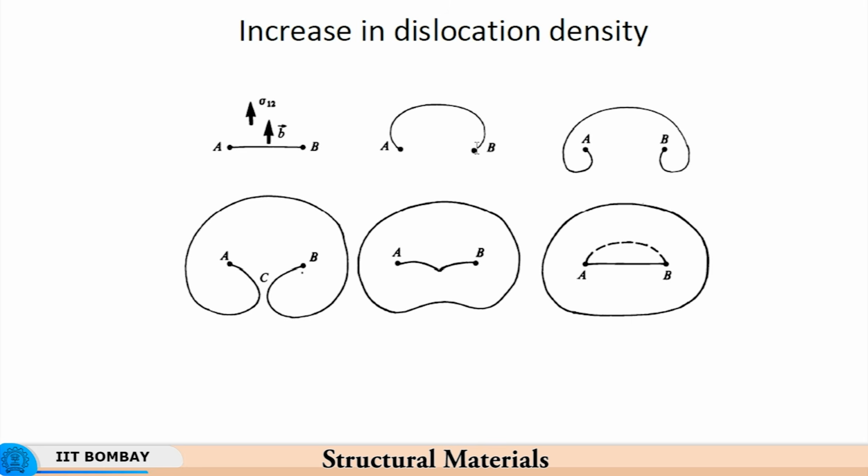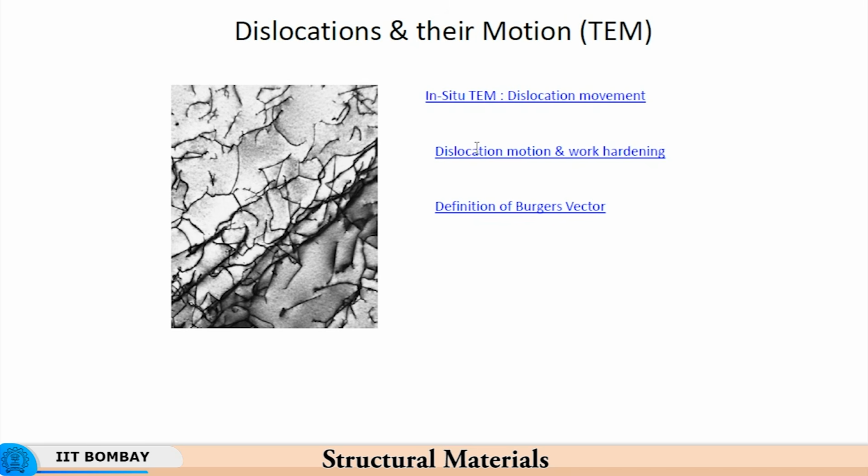We will see later the consequences of this multiplication, but the strain energy is stored in the material in the form of dislocation multiplication, so that 5% energy that is stored internally, as has been said, is in the form of additional dislocations which are generated. The rest of the energy is dissipated as heat.